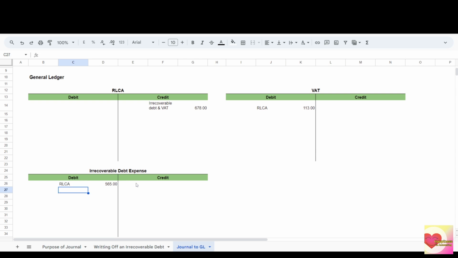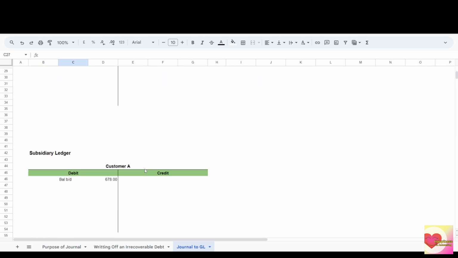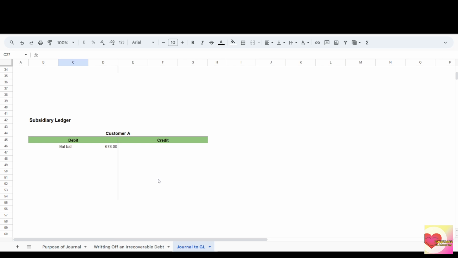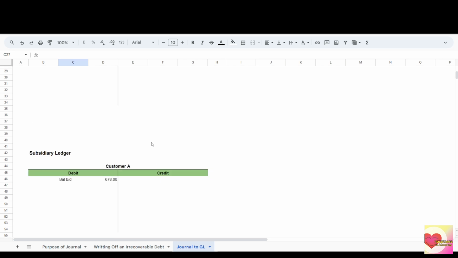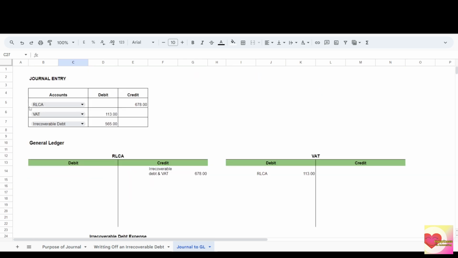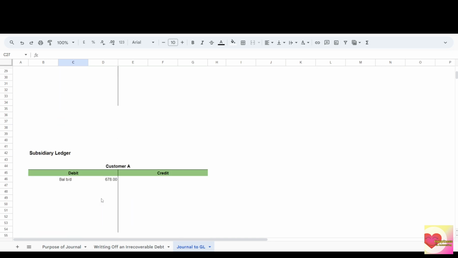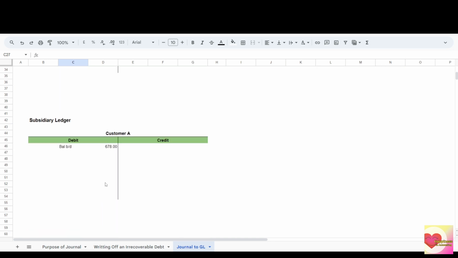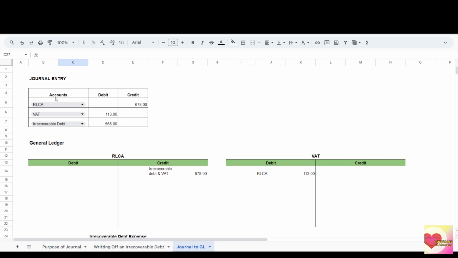Next, we have to record the irrecoverable debt to the subsidiary ledger as well. Remember, since we made an adjustment to RLCA, we should also make the same adjustment to the individual customer account. In recording to subsidiary ledger, remember that we should record to the same side where we recorded the RLCA, which is credit.